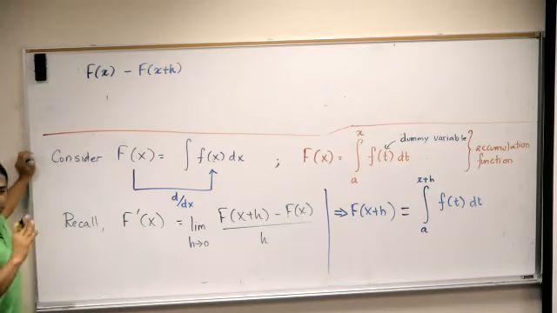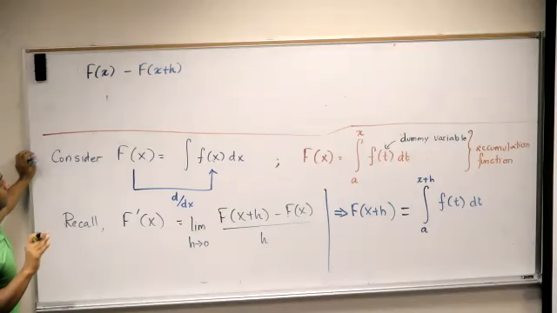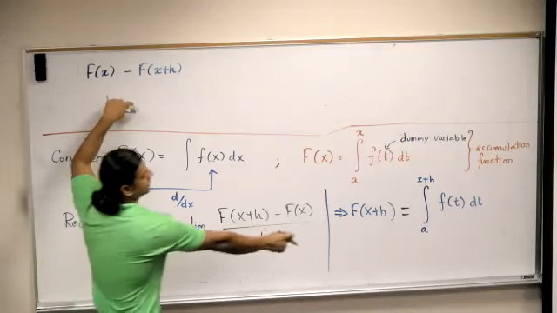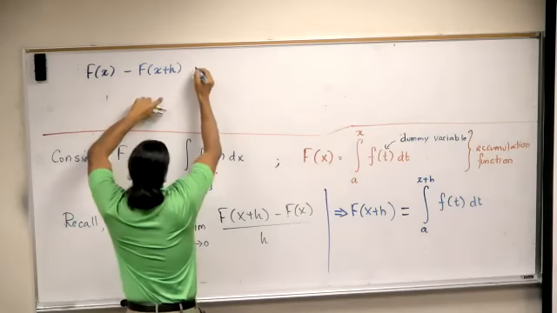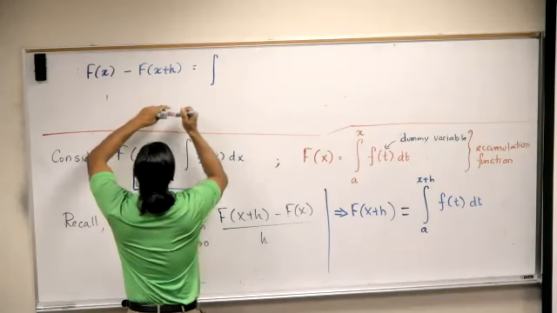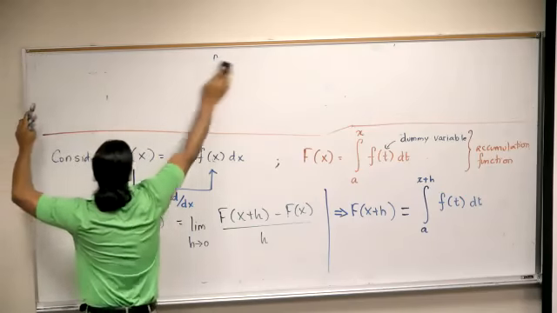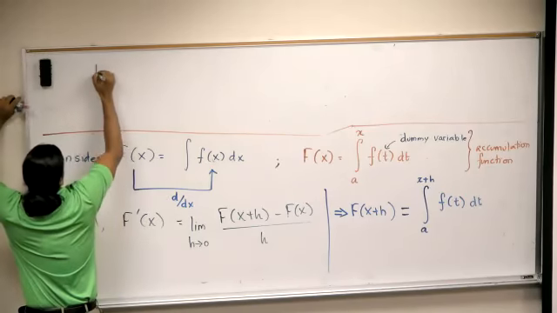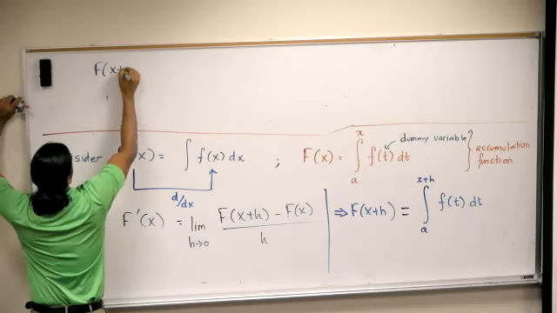Uppercase F of x minus uppercase F of x plus h. Those two. I can write it as an integral. I did it backwards, I'm sorry, because I could have put a negative one.